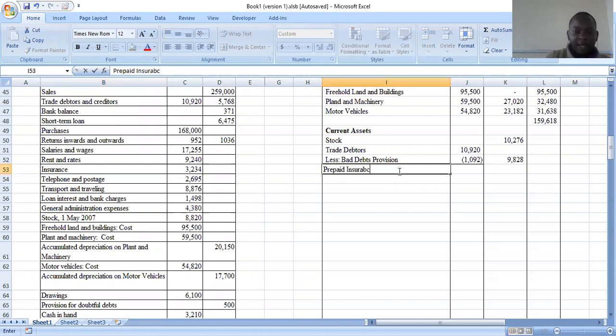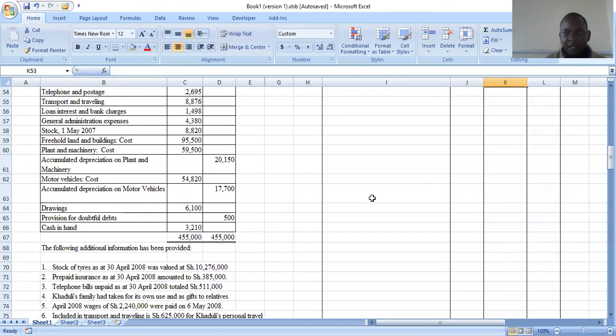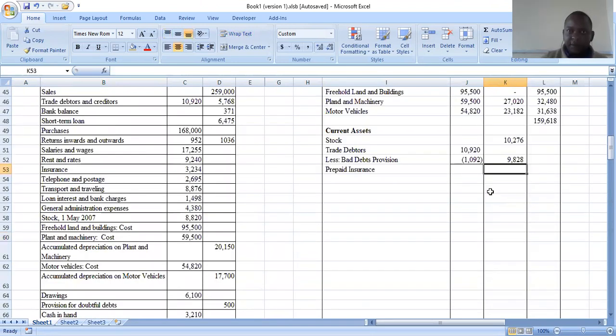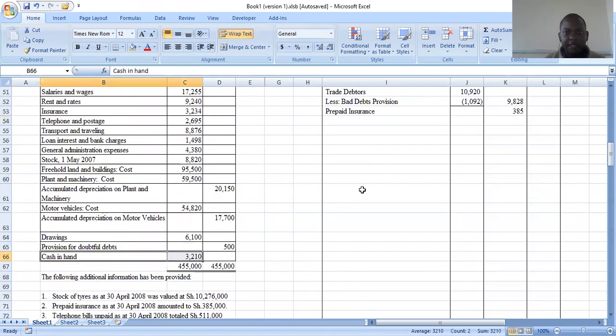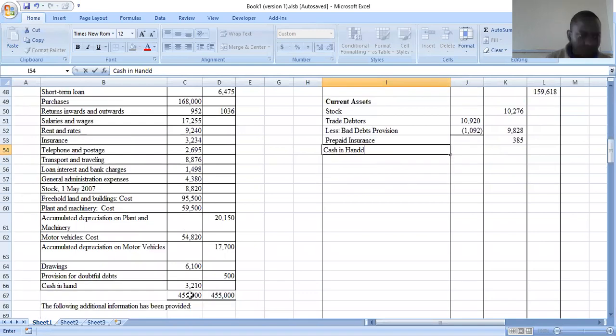Prepaid insurance is a current asset. So prepaid insurance is 385, a current asset. The last current asset we have is cash in hand, which is equal to 3210.